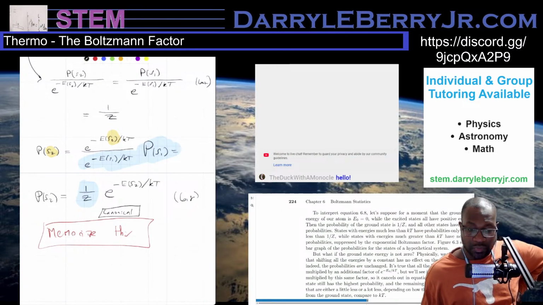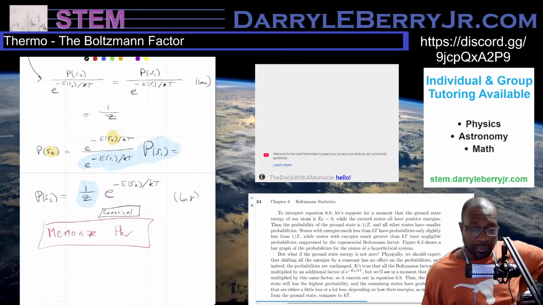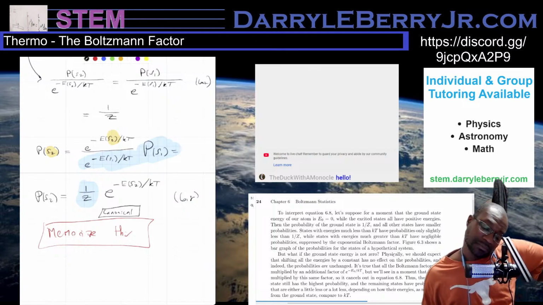To interpret equation 6.8, let's suppose for a moment that the ground state energy of our atom is E naught equals 0, while the excited states all have positive energies. Then the probability of the ground state is 1 over Z, because it'll be e to the 0, and all other states have smaller probabilities.